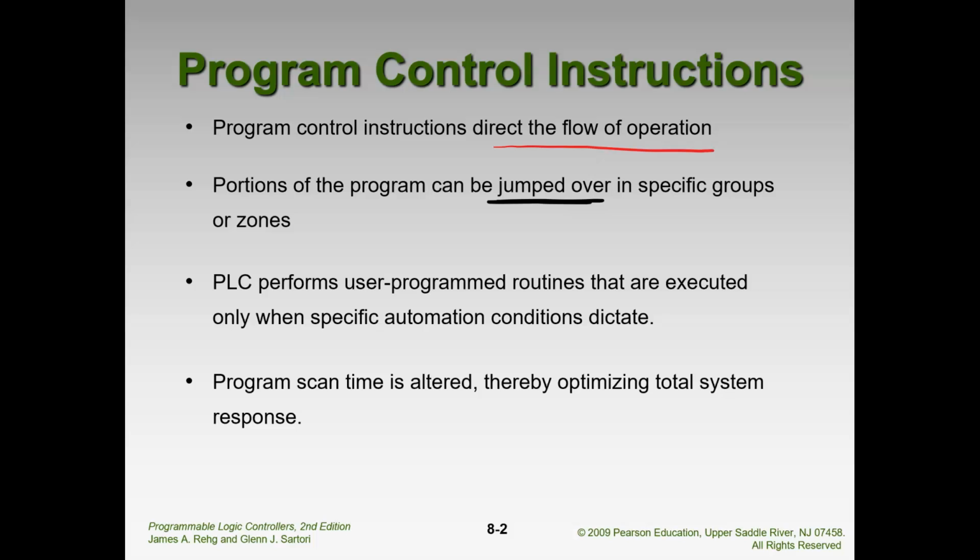Some of the lines of your program can be ignored, and if you use an instruction to repeat part of your program, then some part can be executed more than once. So it means that your scan time or scan cycle will be altered.